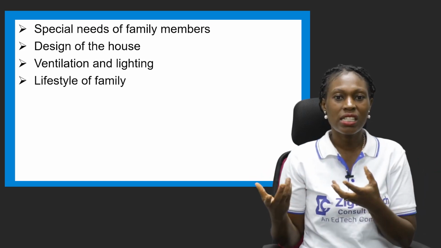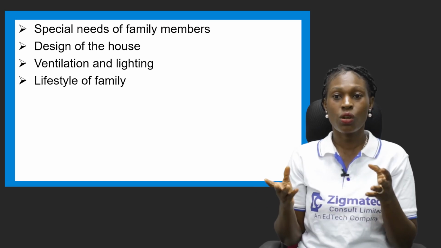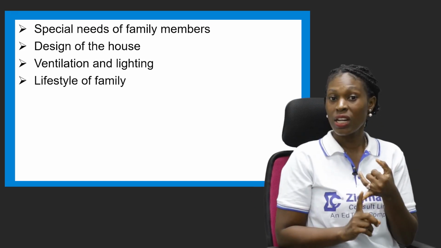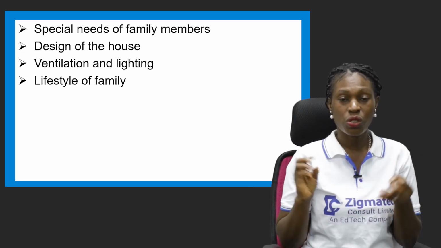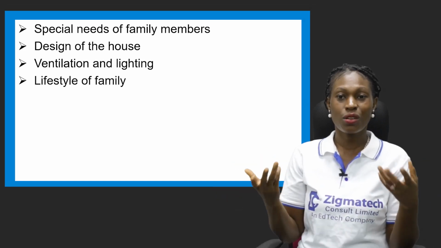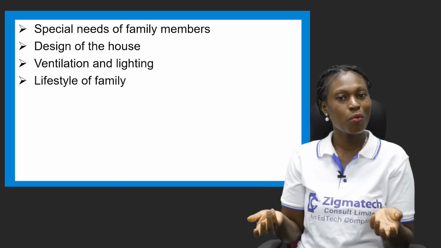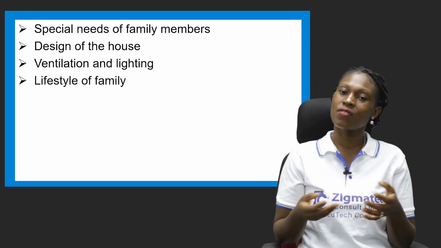So for some persons, they might not be comfortable living in such an environment or living in such a house where there's no ventilation and there's no source of lighting to the house. So that's another factor that can actually influence the choice of the family housing, because you can't be in a house if there's no light.